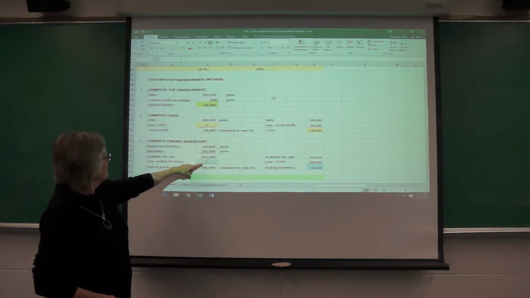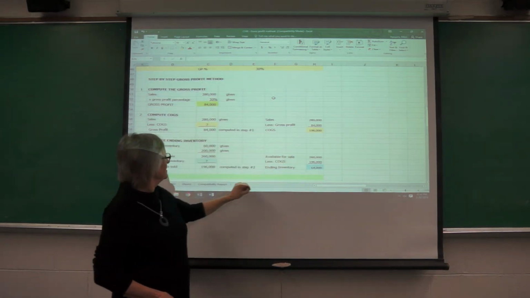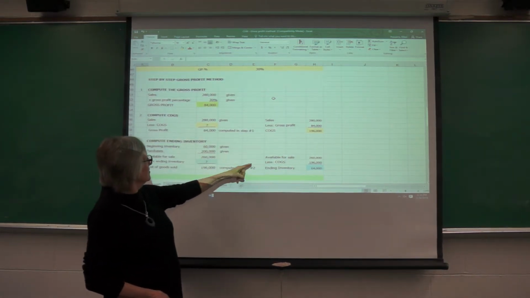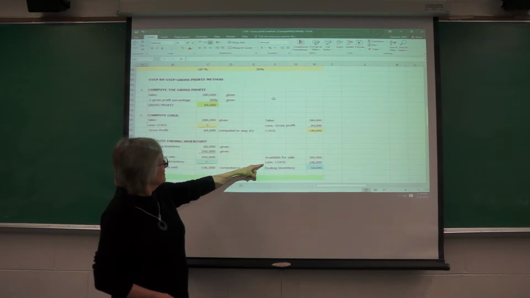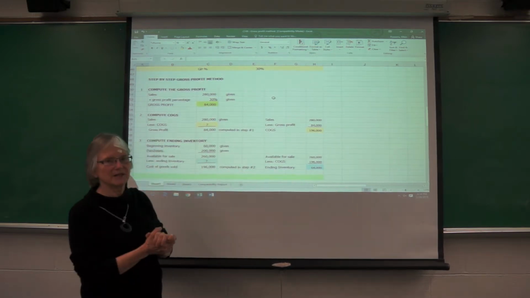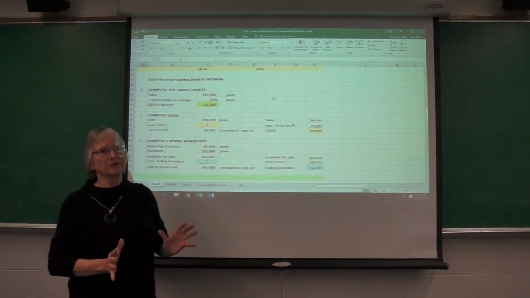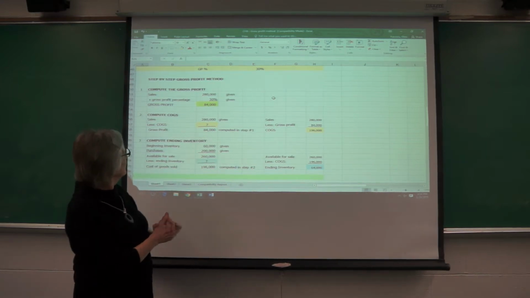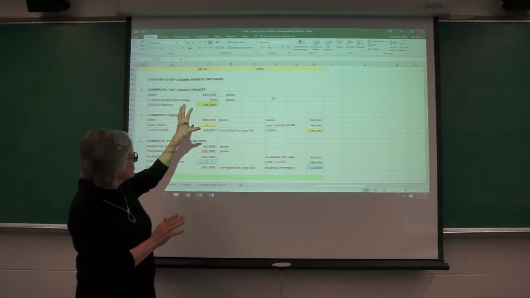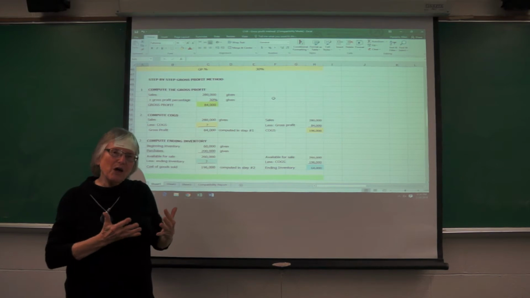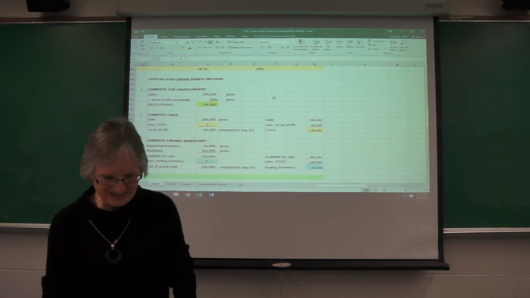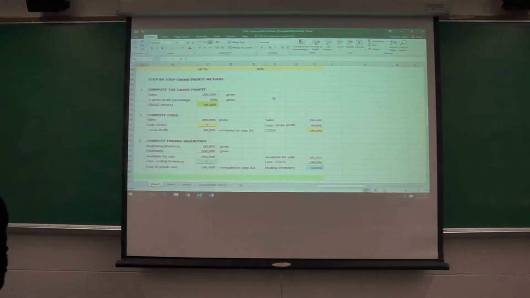We're looking for ending inventory. We've got the cost of goods sold from here. And so what was available for sale minus our cost of goods sold gives us our ending inventory. You obviously have to do a few of these before it makes sense, but if you thoughtfully think through this, it might make sense.